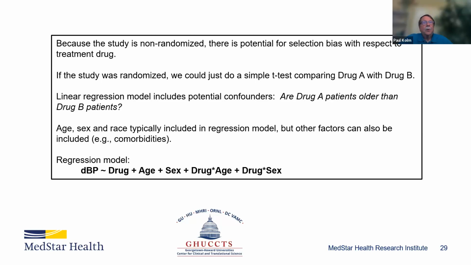So in this case, our regression model is going to be drug plus age plus sex, and those are what we call the main effects. And then we have two interactions, drug by age and drug by sex.